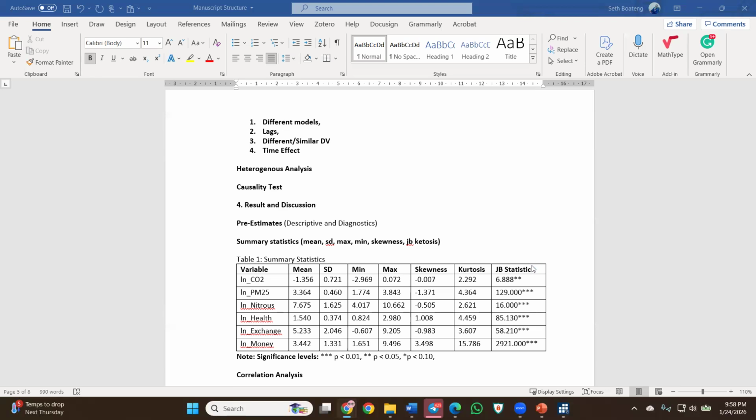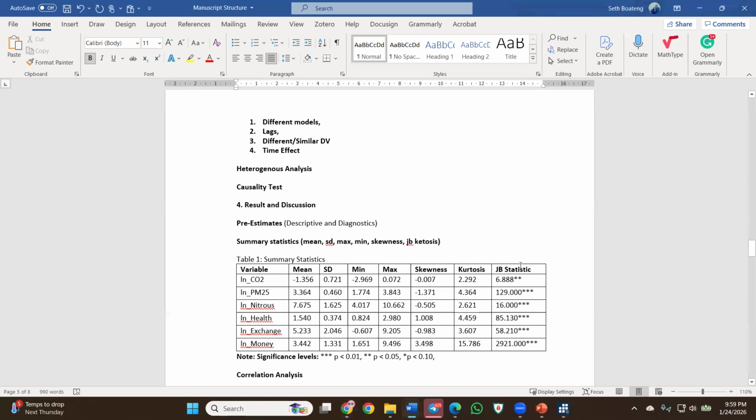If it is not normal, you can adopt models that do not follow normal distribution. But you are presenting the descriptive so that your readers will know that you are dealing with data that follows normal distribution or not. So it's better you give an overview of your data to the readers.